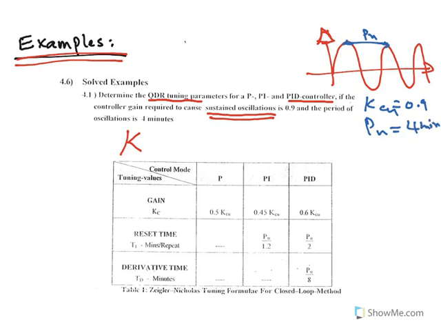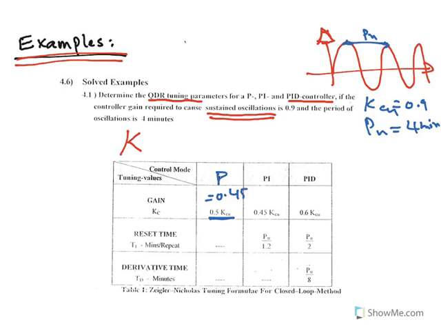So we use the Ziegler-Nichols table. For P, you multiply 0.5 by Kcu, which is 0.9, so it is equal to 0.45.